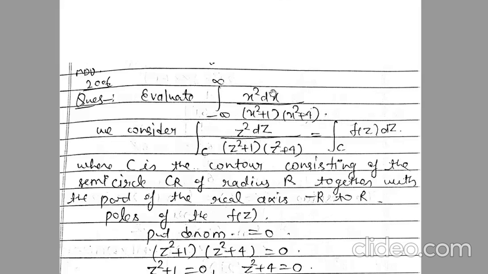That means we write this function in terms of z, and this is equal to the integral over C of f(z) dz, where C is the contour consisting of the semicircle CR of radius R together with the part of the real axis from minus R to R. This language is always the same in each question.